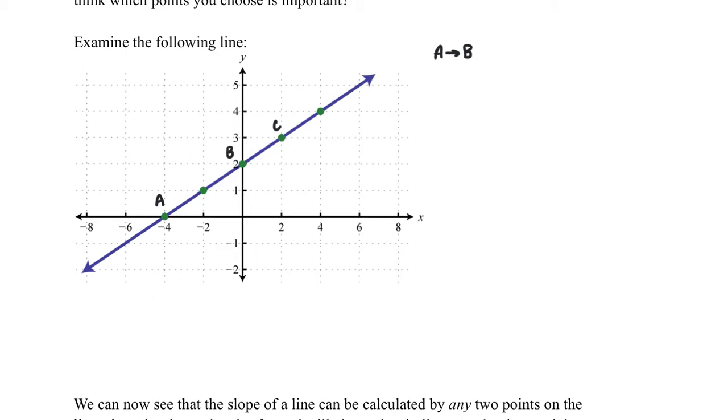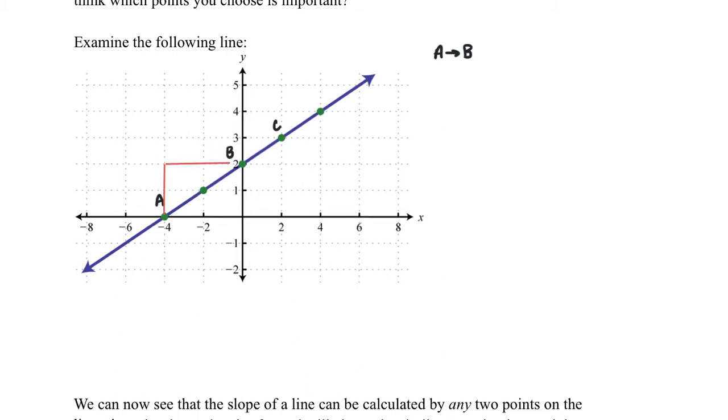If we looked at it this way, I have to go up 2 from A to B, and then I have to go right 4.